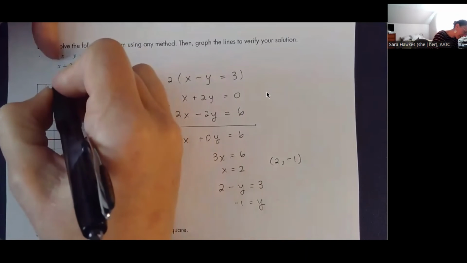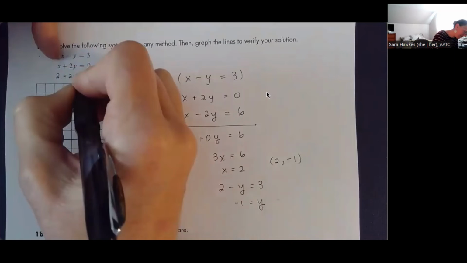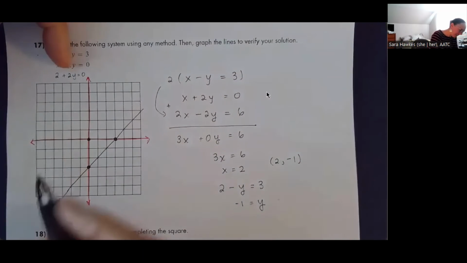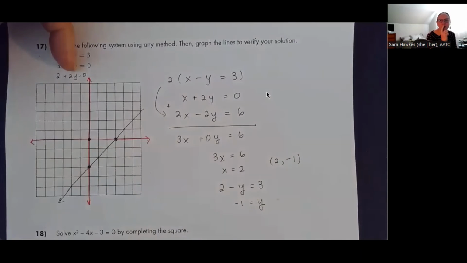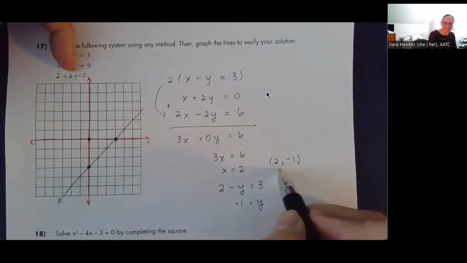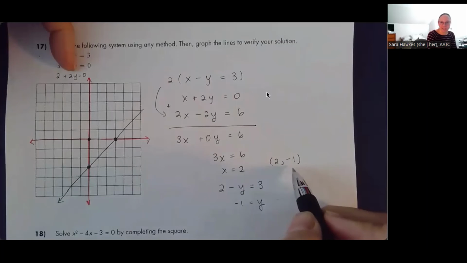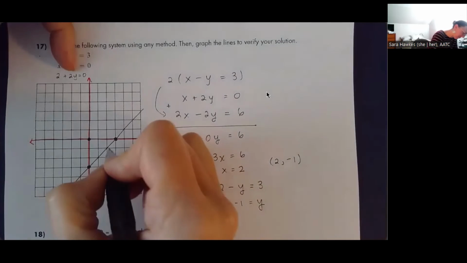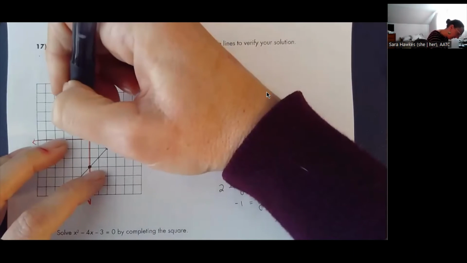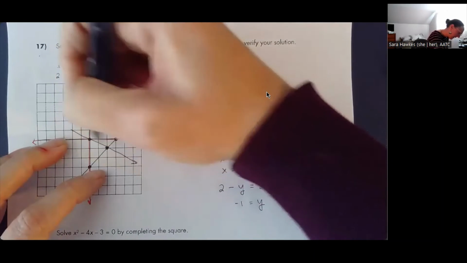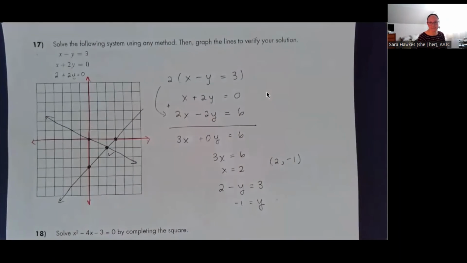If I plug in 2 for x, then 2 plus 2y would have to equal 0. And what do you know? y is going to have to be -1. Now, why did I choose to plug in 2 instead of 1? Because I kind of needed it to work to show the second part anyway. So I know that (2, -1) is on that line. And now I have verified that that's a solution.